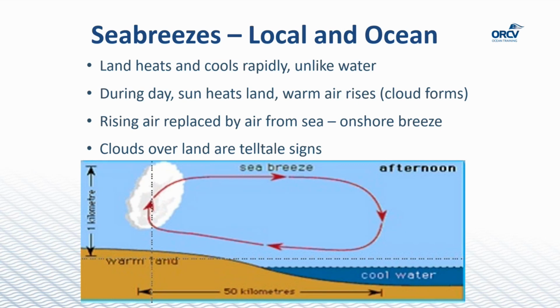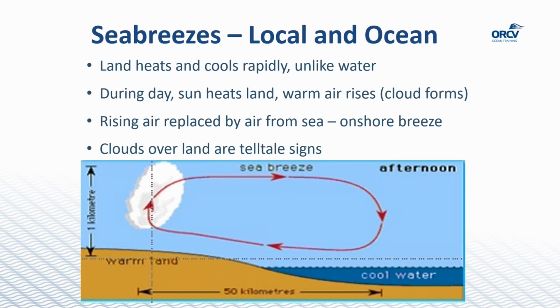And where the air comes down from aloft, the warm air that's gone up over the land moves along generally 1,000 to 3,000 feet high, and you get a circulation. The air that comes in from over the cool water is your sea breeze, and it moves inland to where the cloud is appearing.